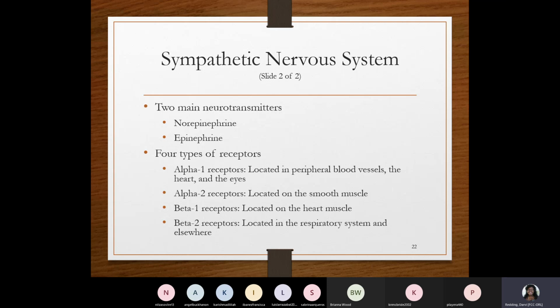The alpha 1 receptors, again, are located in the peripheral blood vessels. Examples of that would be the heart and the eyes. The alpha 2 receptors are located on the smooth muscle. The beta 1 receptor is located on the heart muscle, whereas the beta 2 receptors are located on the respiratory system as well as elsewhere.